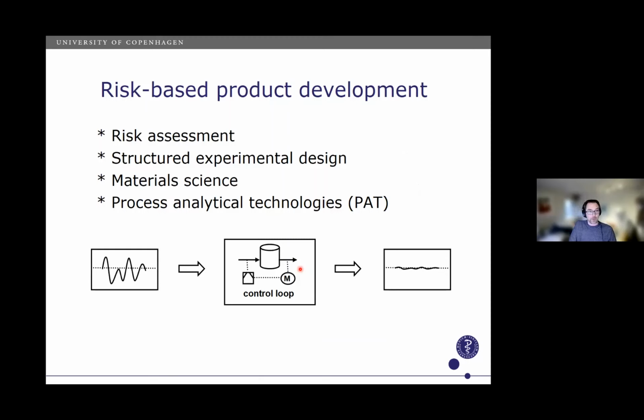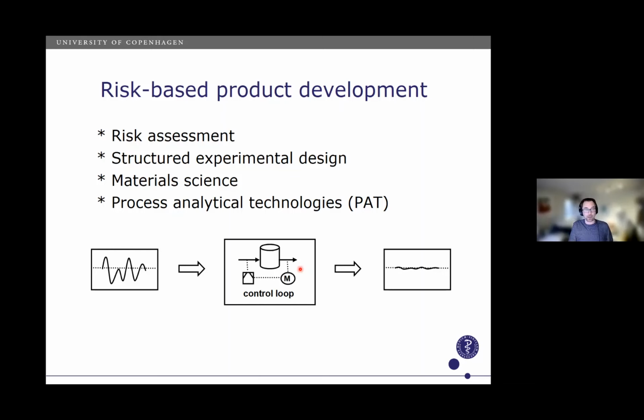After risk assessment, you do your structured experimental work. You do this DOE, design of experiments, and that gives you understanding of how variation in the process affects the product quality. And in many cases, you need to do material science and understand the material properties in very fine detail. Basically, you need to understand the molecular level phenomena so that you can explain why things are happening as they appear.